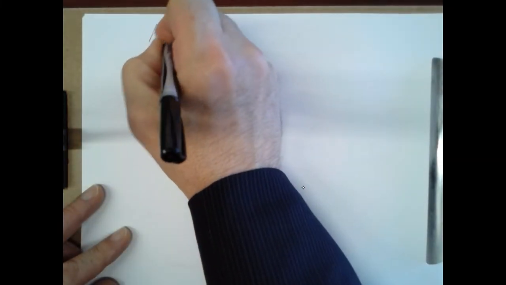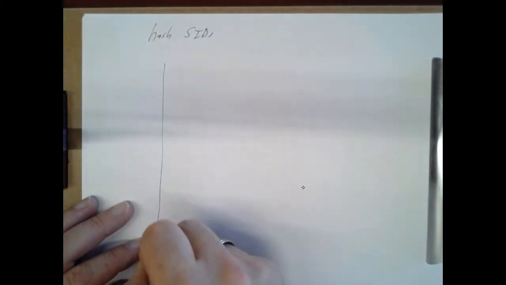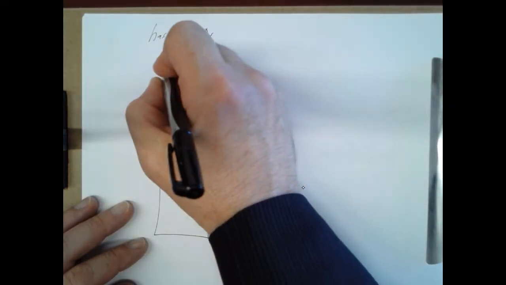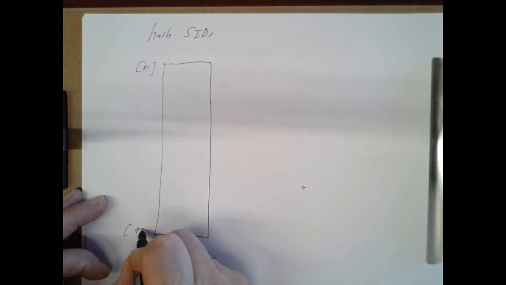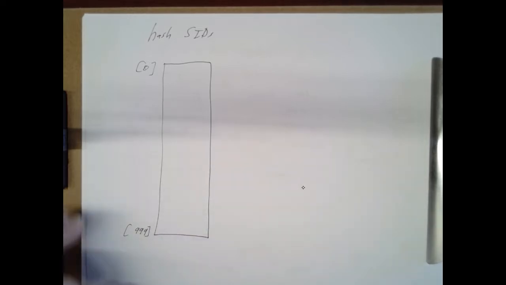So let's look at a different example. Let's hash Clark student IDs. I'm going to make an array of 1,000 entries.